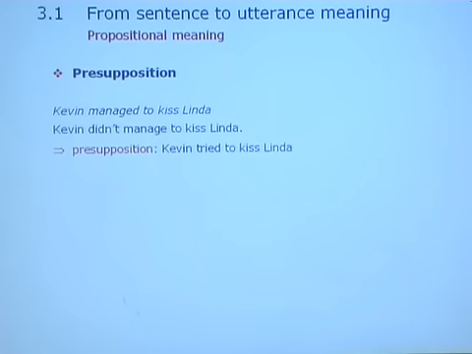Well, what they both have in common in terms of meaning is that they both somehow presuppose that Kevin tried to kiss Linda.